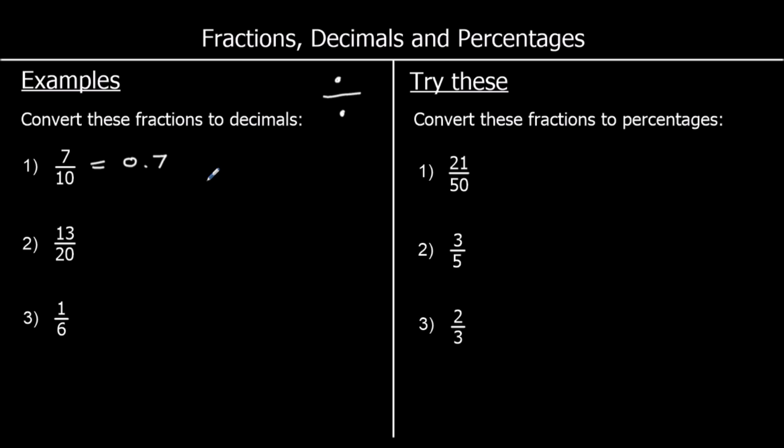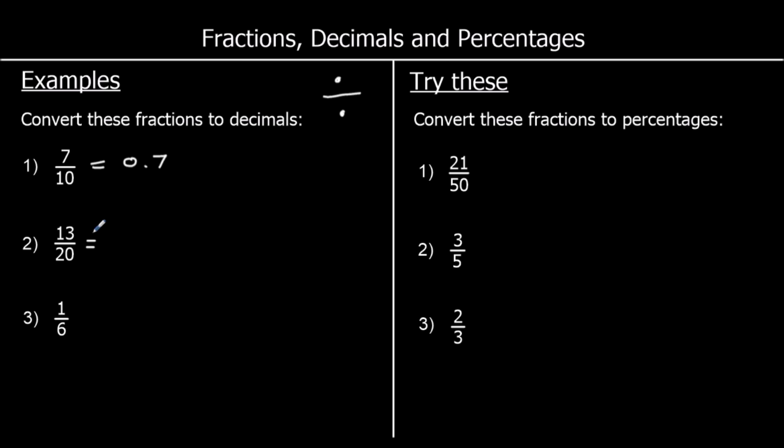For question 2, we've got 13 divided by 20, and that looks complicated, but what we can do is make it out of 100 or make it out of 10 to make our division easier. So if we multiply top and bottom by 5 to make it out of 100, which we'll do.